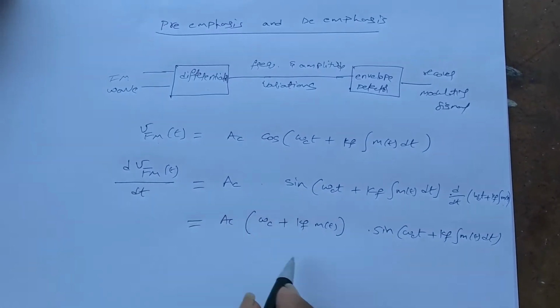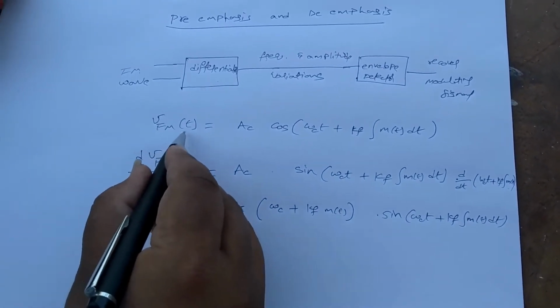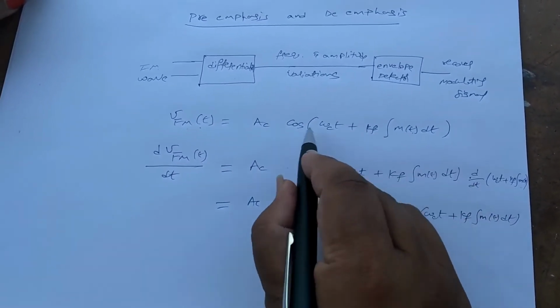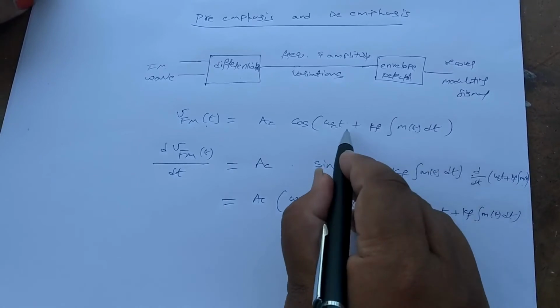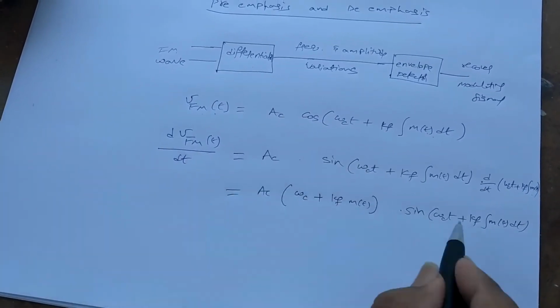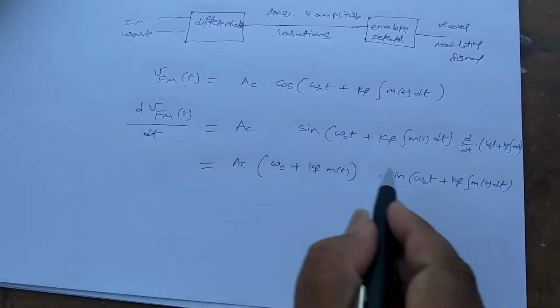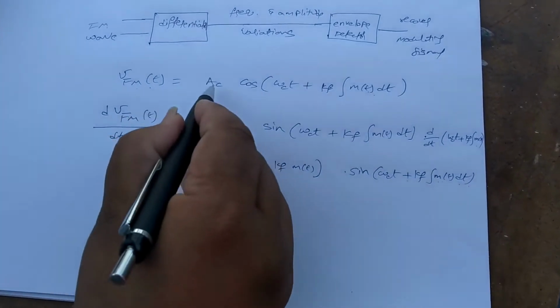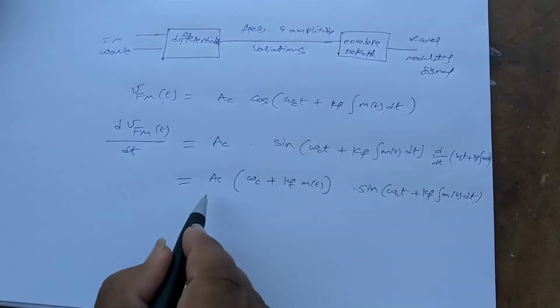Now you can observe that for V_FM(t), the modulating signal is inside the cosine signal. That means only frequency variations. But if I apply the differentiator, we have the frequency variations as it is. In addition, earlier the amplitude was a constant, A_c.